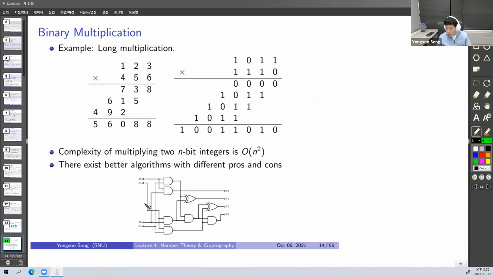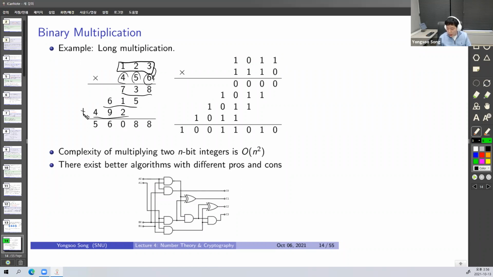The same applies to binary multiplication. You must already be familiar with the long multiplication algorithm for integers. You can use the same multiplication algorithm for binary representations. In this case, you multiply this value with 4, 5, 6 respectively, and write the result of each product here.